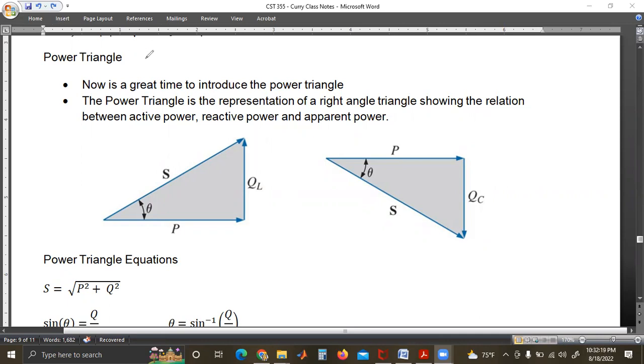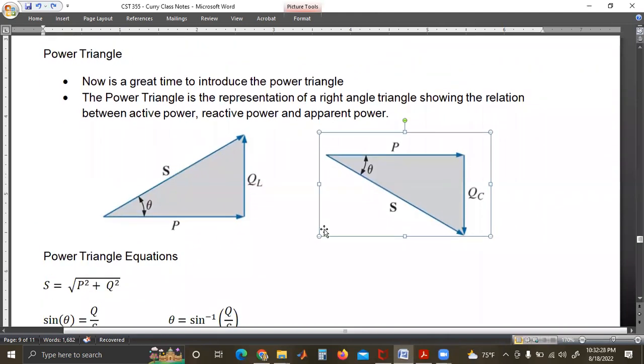If you look at these two diagrams of the power triangle, you can see one of them is pointing up, and the other one is pointing down. These indicate the two versions of a complex power that we can have.